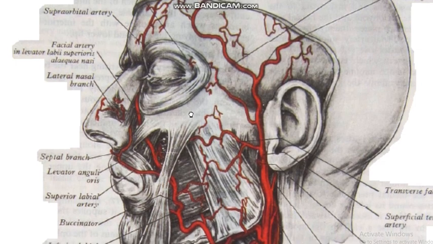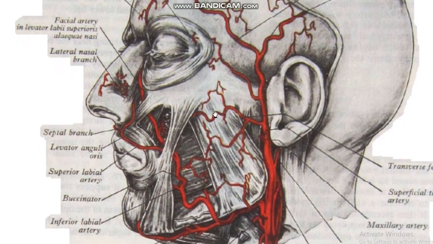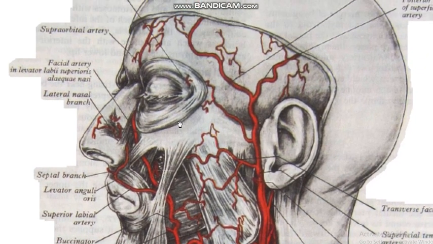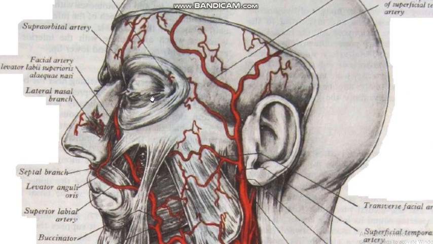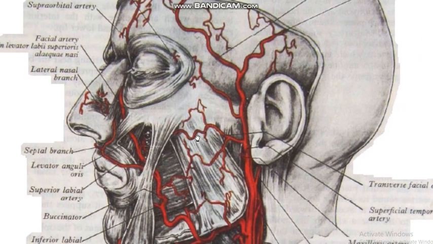Now, apart from the facial artery proper, you have additional supply from this transverse facial branch of the temporal artery, and here you can make out a little bit of supply from the supraorbital and supratrochlear arteries. Somewhere here you have the infraorbital artery. Here you have the mental artery. Actually, these small arteries are all branches accompanying the sensory nerves coming from the trigeminal nerve.